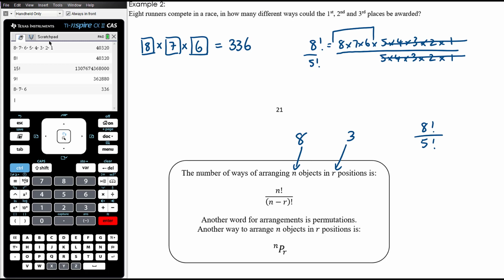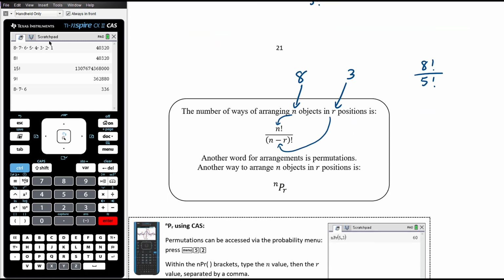And so therefore, as a general rule, that is n factorial divided by n minus r factorial. And this has a special name, nPr. Okay, P stands for permutations. Another word for arrangement is a permutation. Okay, we look at how many different arrangements are possible or how many different permutations are possible. Those are synonyms if you go to your thesaurus.